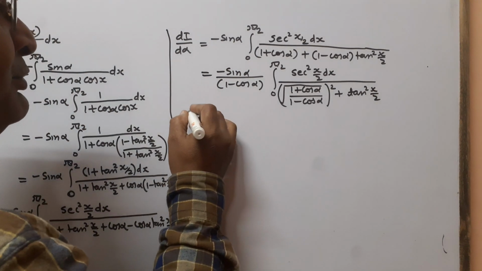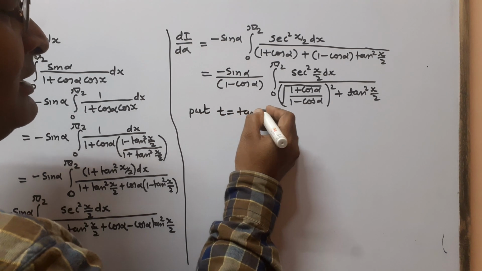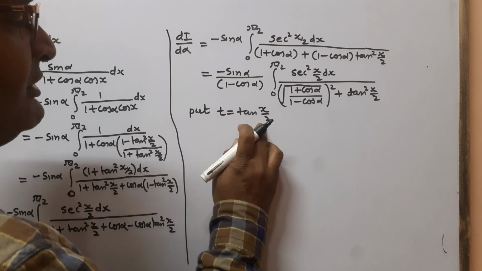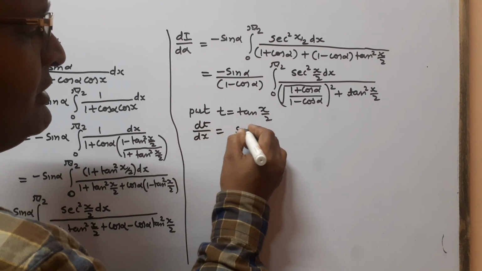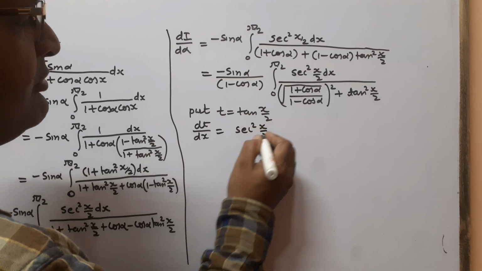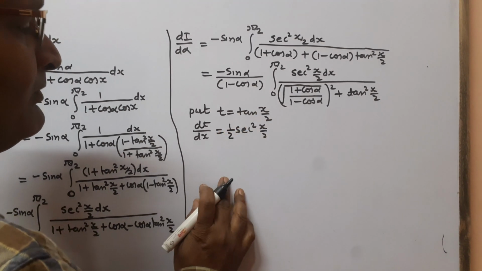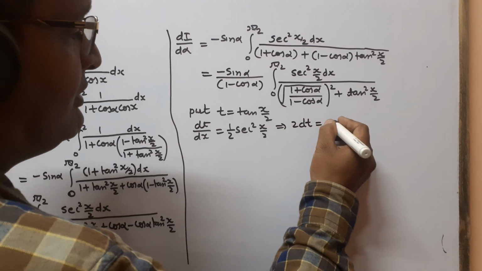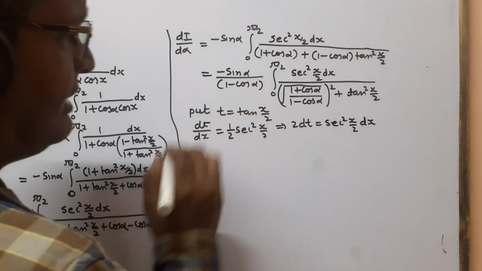Here we put t equal to tan x by 2. Now we differentiate this with respect to x, so we get dt upon dx equal to sec square x by 2, and differentiation of x by 2 gives 1 by 2. So from here we write 2 dt equal to sec square x by 2, dx.